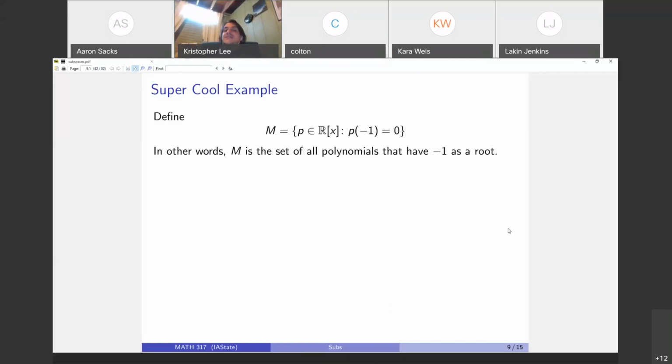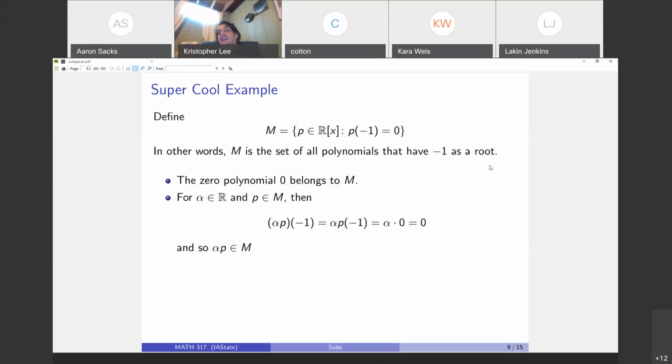This set is indeed a subspace. Obviously the zero polynomial is in here because it spits out 0 for any input. The zero polynomial, again, is just the constant function 0, so that trivially satisfies this.